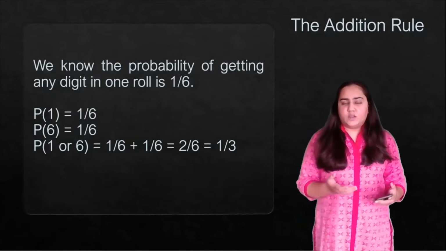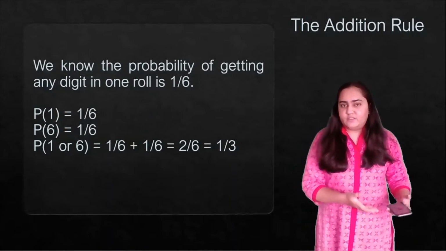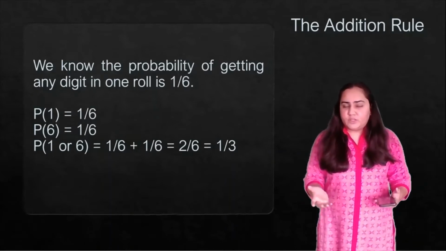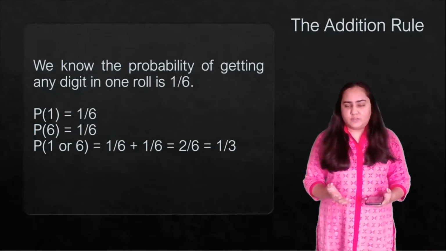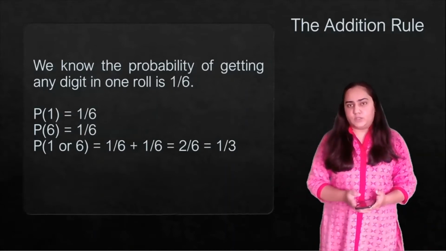Whenever there is a question that says either this event occurs or that event occurs, and you have to find the probability of either of those events occurring, then you always use the addition rule as it is used here.